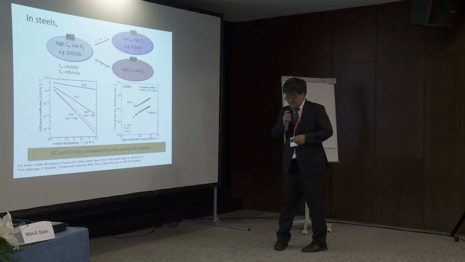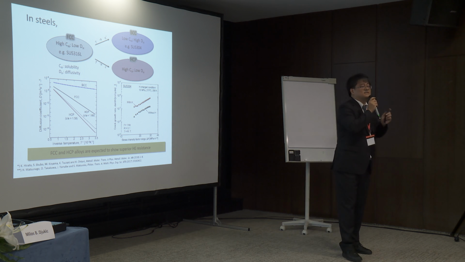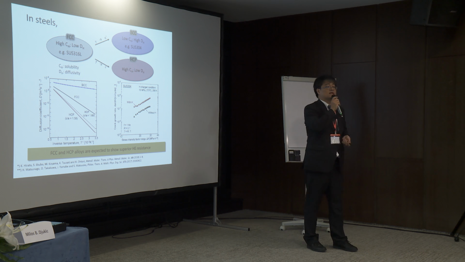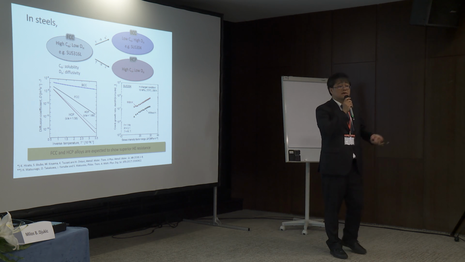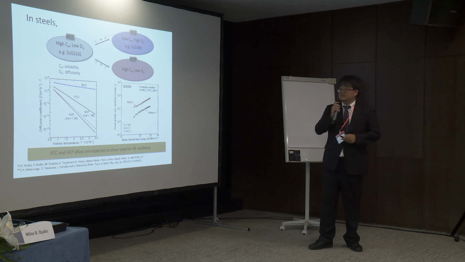But probably most of the audience already knows that HCP is not so good, because the HCP structure always has anisotropy in terms of elasticity as well as plasticity. Then cracking is usually induced.